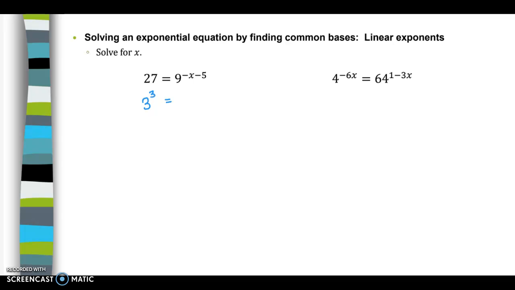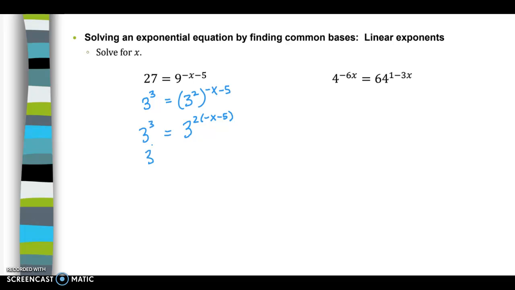And then 9 is 3 squared, all raised to the negative x minus 5. So again, when we have an exponent raised to an exponent, we multiply them. So that becomes 3 to the 2 times negative x minus 5, and this is 3 cubed over here.